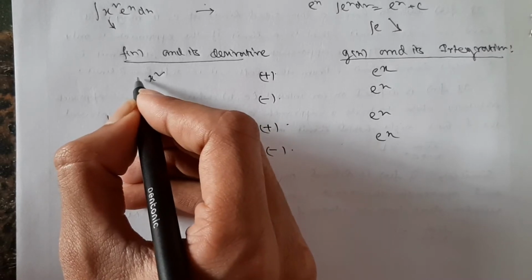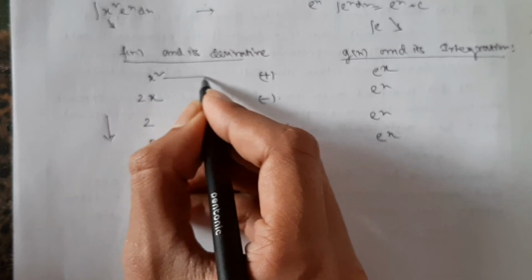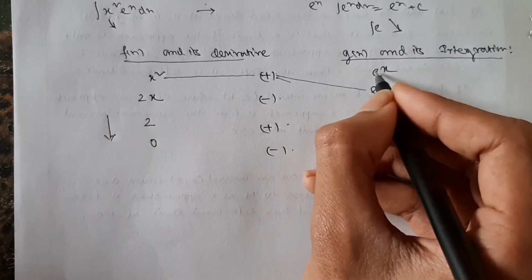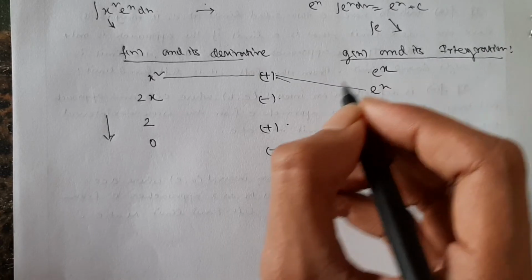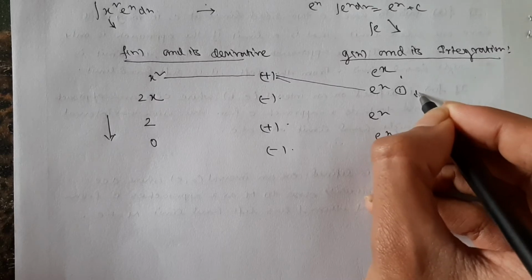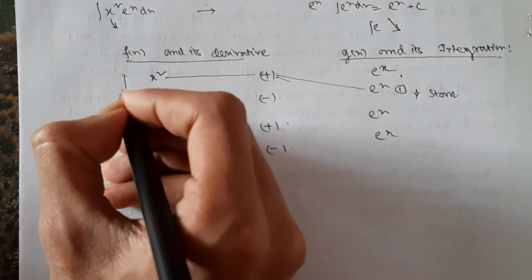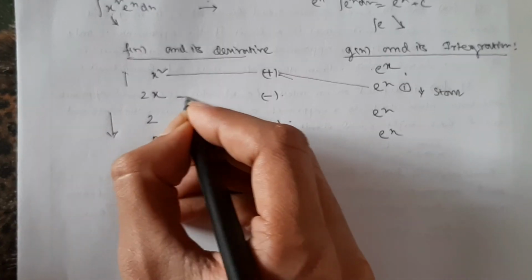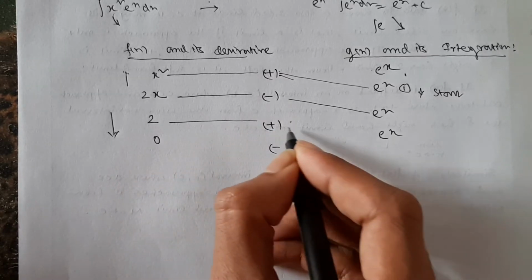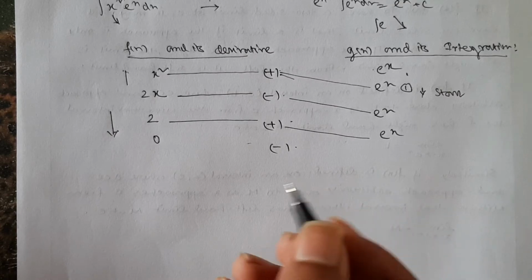We draw a line from the first function to the second function diagonally, starting from the first. And we do not take the 0 because 0 times anything vanishes.